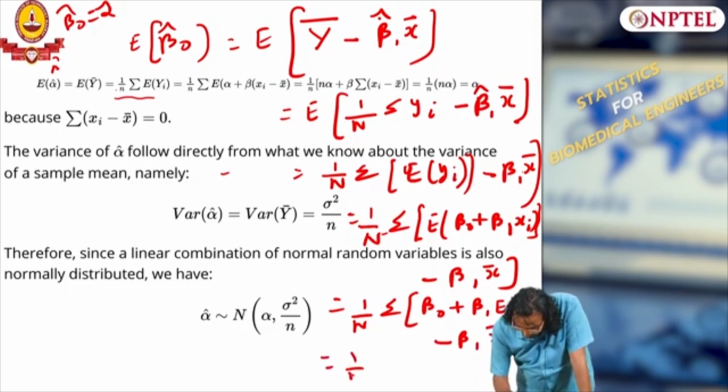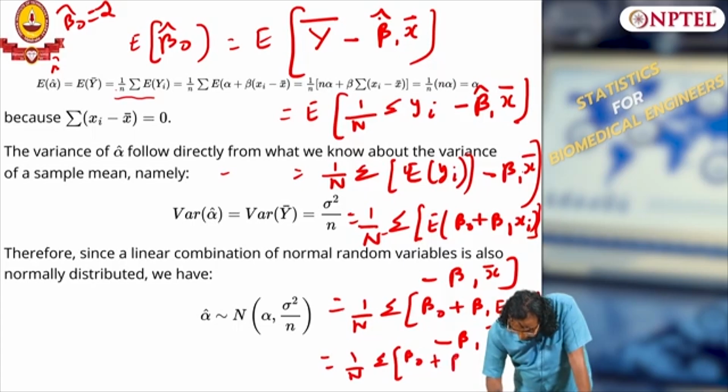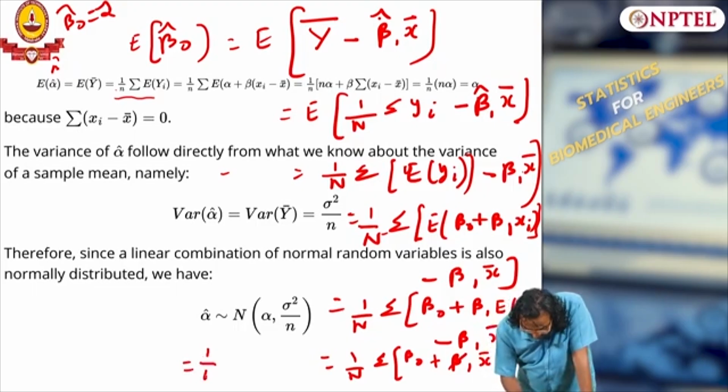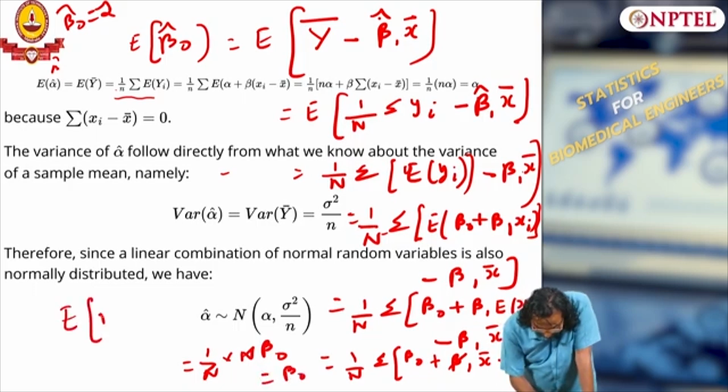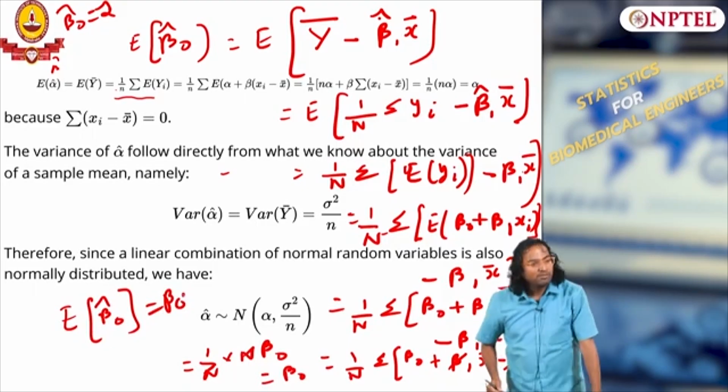Now, 1 over n summation of beta naught plus beta 1 x bar, and this term gets cancelled by the beta 1 x bar. So this is nothing but 1 over n times n beta naught, which equals beta naught. So the expectation of beta naught hat equals beta naught.